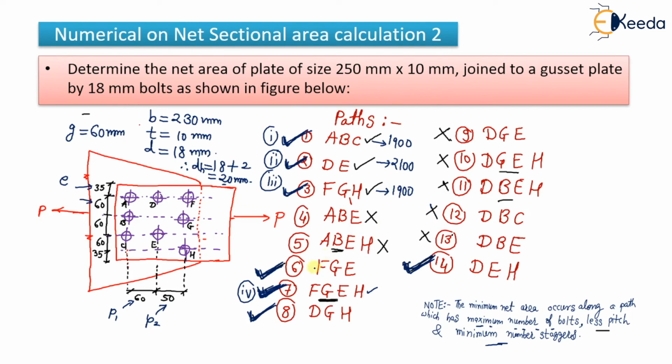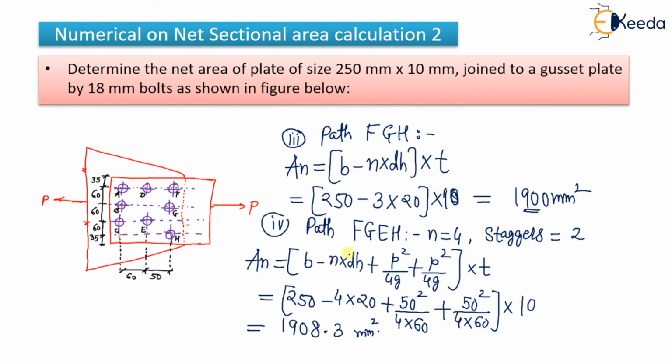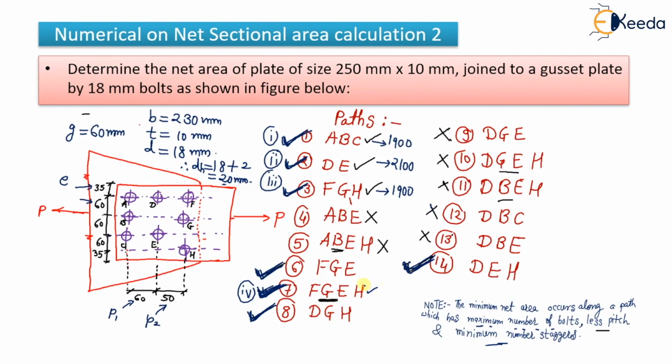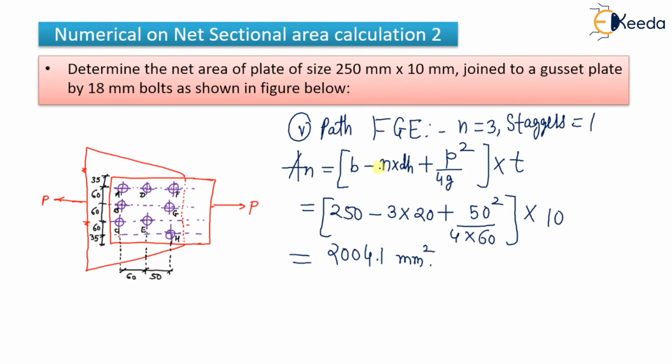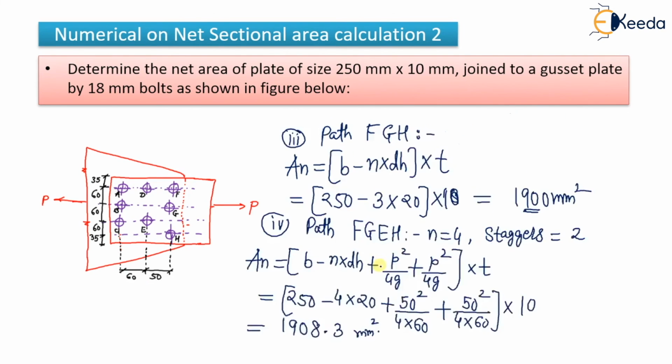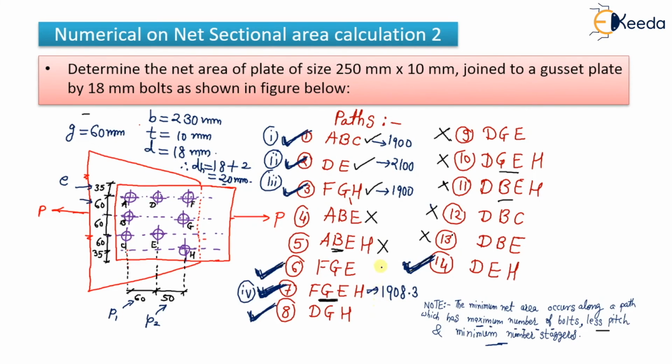Then FGEH, it was 1908.3. Then for FGE we have calculated, it is 2004.1.